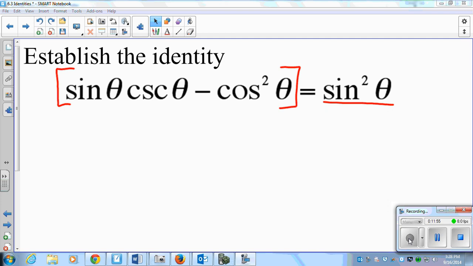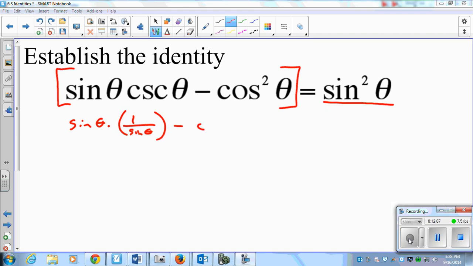So on this one, I'm going to work with our first strategy, write things in terms of sines and cosines. So I have sine of theta times 1 over sine of theta minus cosine squared of theta. Remember, I'm just working with this left side.